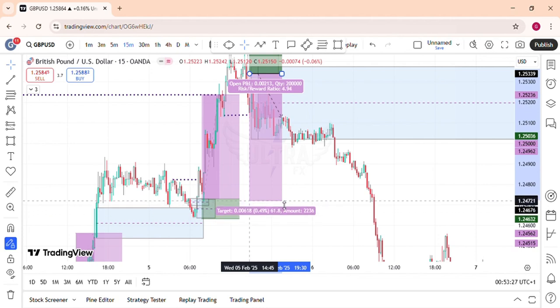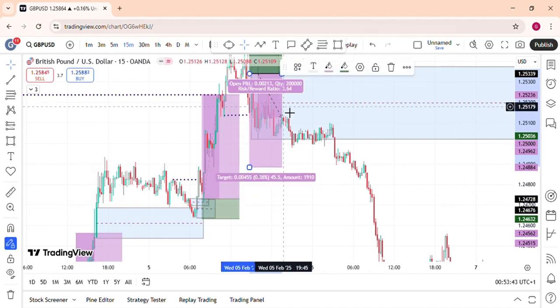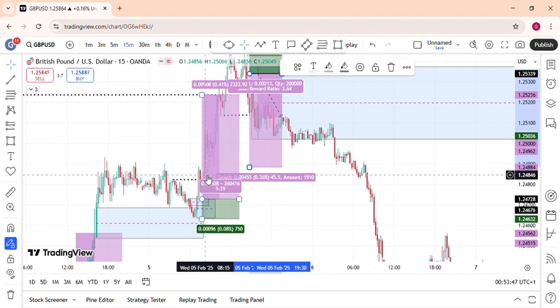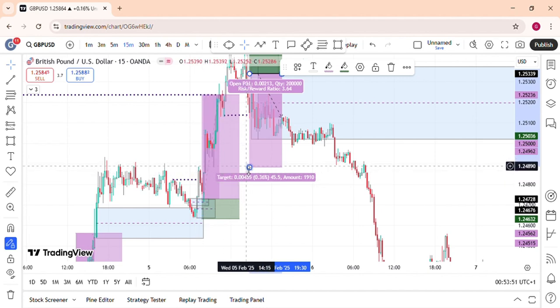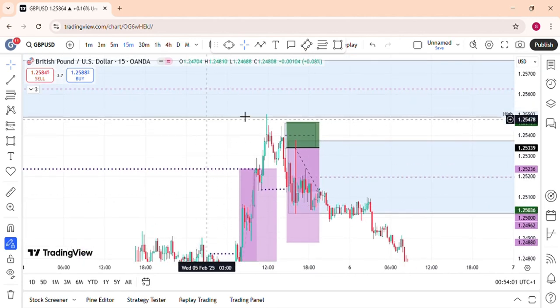So you want to take your entry and you put your stop loss above the previous high, and put your take profit here, the previous low, giving you a risk reward of 3.6. But at the same time, because of this breaker and fair value gap right here, you wouldn't want to go past this low.